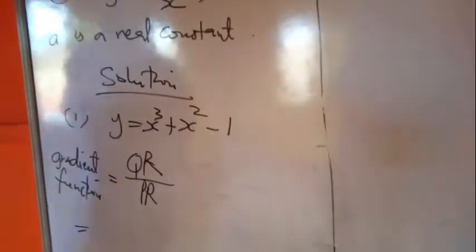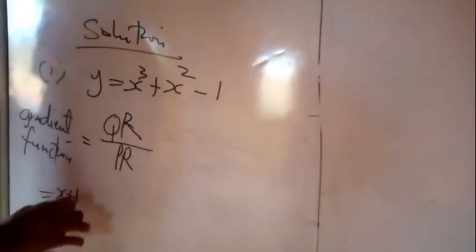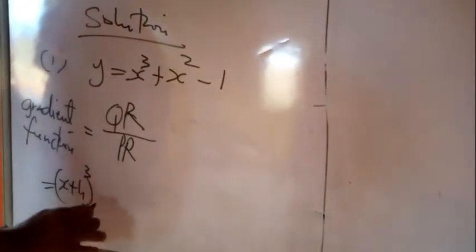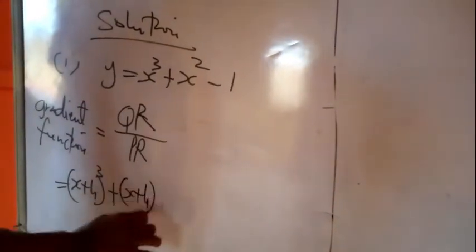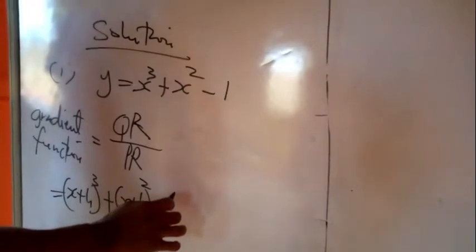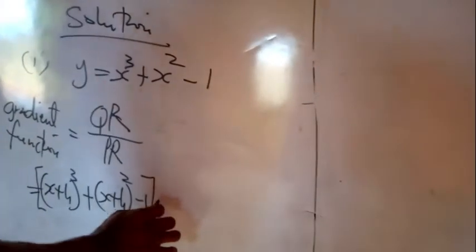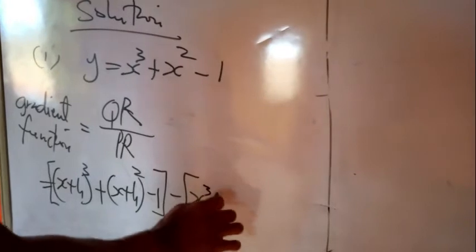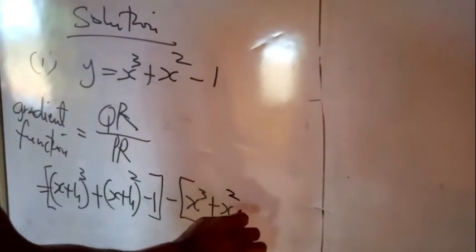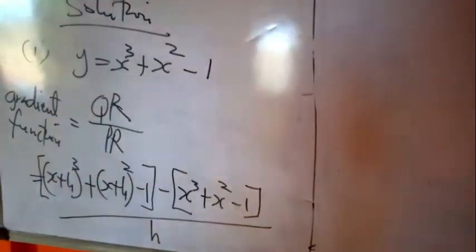Then I can say that x plus h raised to power 3 plus x plus h raised to power 2 minus 1, minus x raised to power 3 plus x raised to power 2 minus 1, all over h. So let's try and do the expansion.